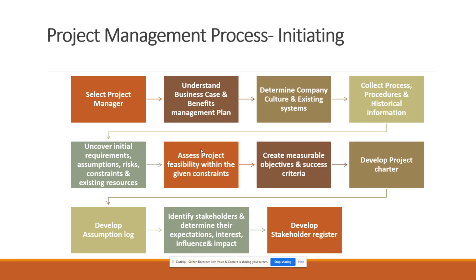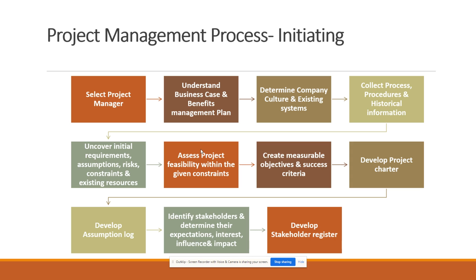Then the stakeholder register. This is not something that must be done in this pattern only. This is not a patterned one. Unlike the planning process, you need not keep the series. Here in the initiating phase, you can do things whenever you want; there is no fixed order you have to follow.